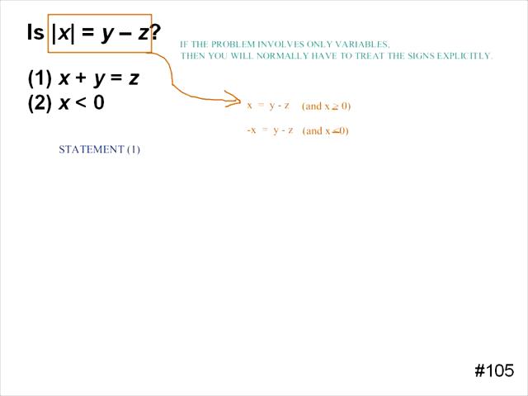This rearranges to give the second equation. You can make that into negative x equals y minus z. So is that sufficient to solve the data sufficiency problem, yes or no, in the text box?